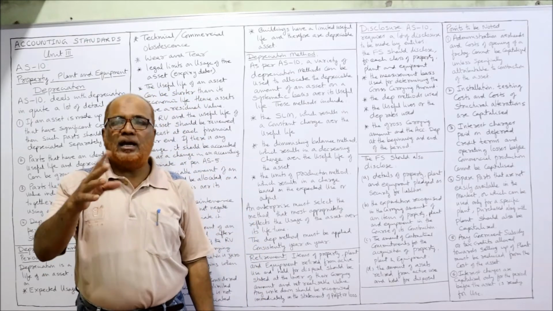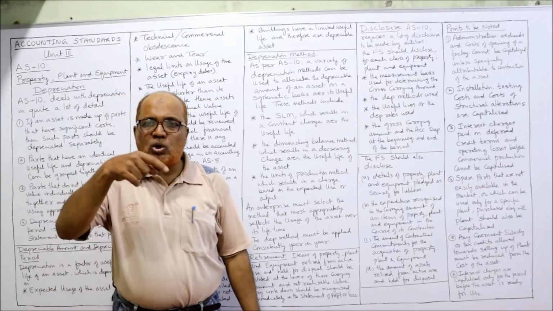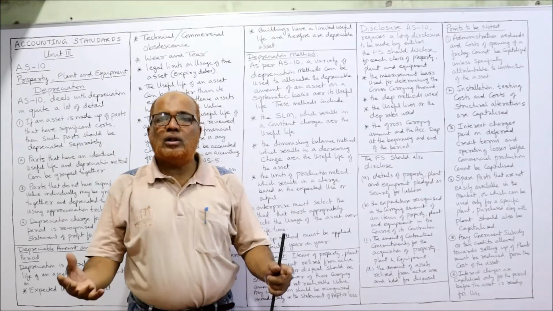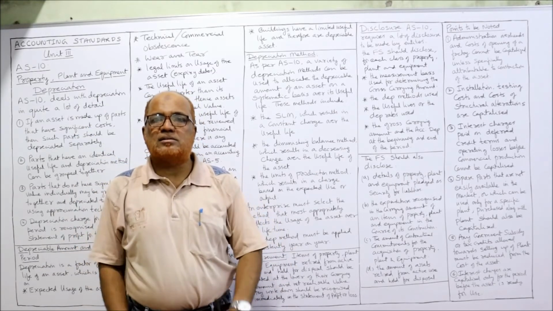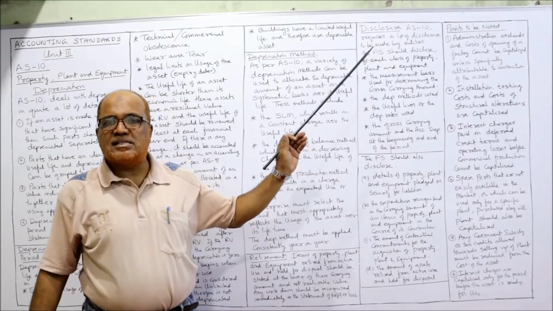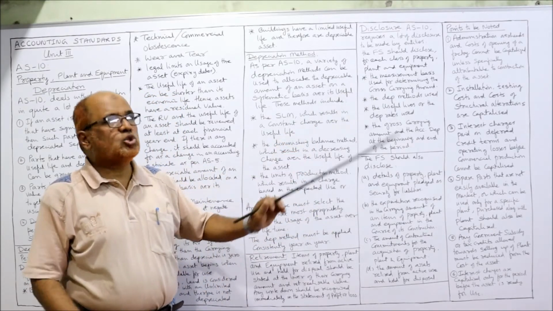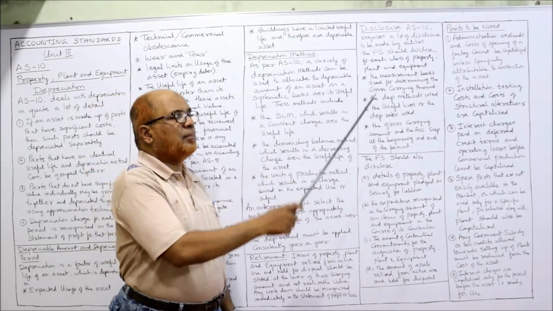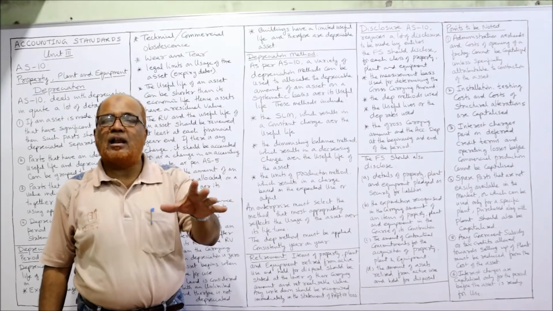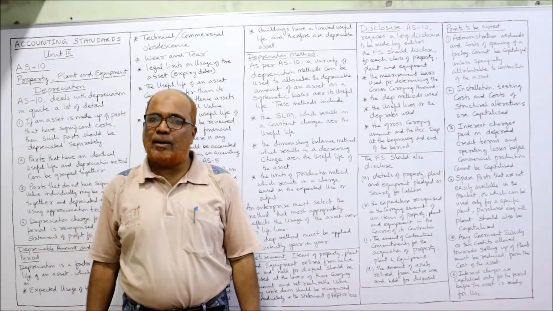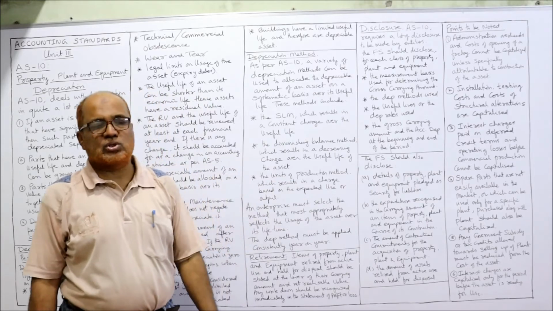Apart from that, loading and unloading charges, insurance in transit, all these are costs to be capitalized. Then AS 10 says all these things should be disclosed. The measurement basis, how we have calculated the gross carrying amount, that should be disclosed.